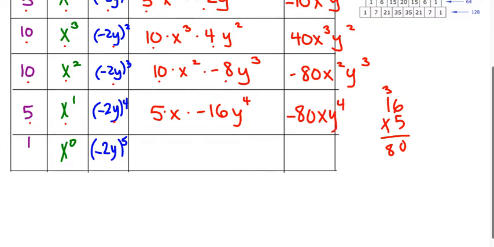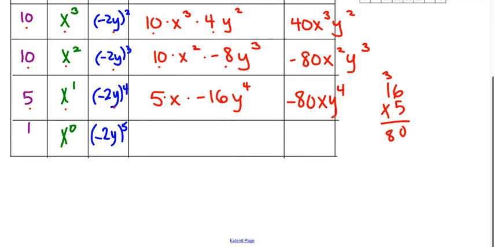Last row, we have a 1. X to the 0 is still a 1, so 1 times 1. And now this is negative 2y all to the fifth, which is negative 32y to the fifth. Multiply those together, we get negative 32y to the fifth.